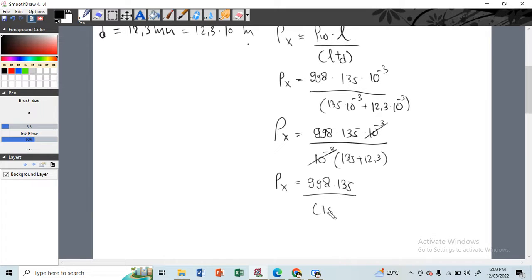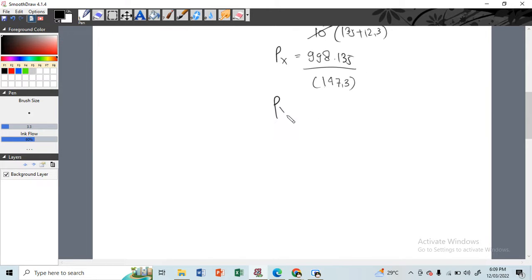This is 147.3. Okay, so we have this, and using a calculator you could calculate it.